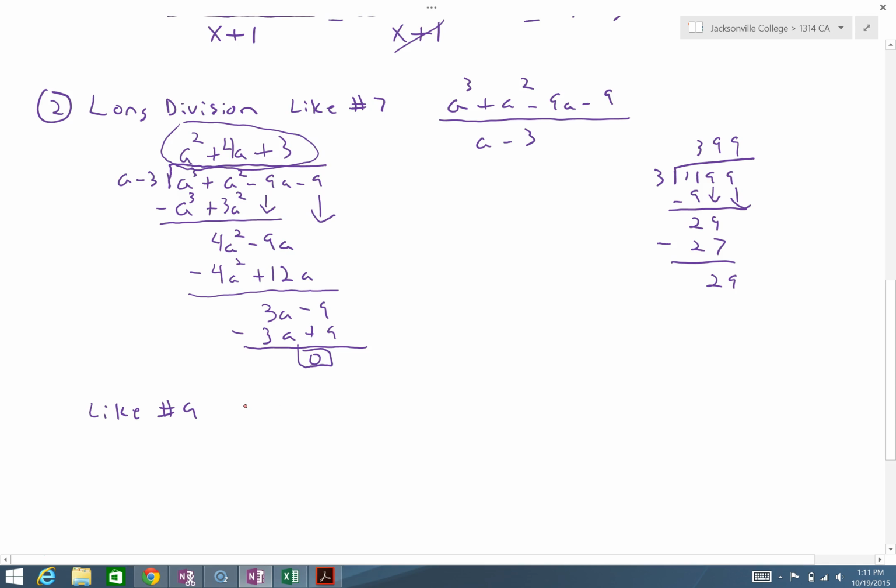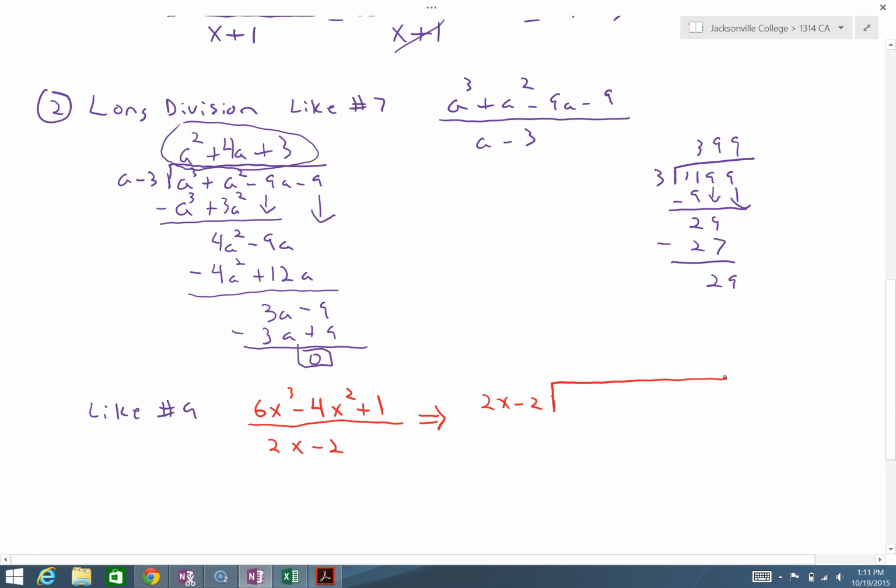Let's say we have 6x cubed minus 4x squared plus 1, and we're dividing by 2x minus 2. Well, again, I will first rewrite this statement as 2x minus 2 divided into.